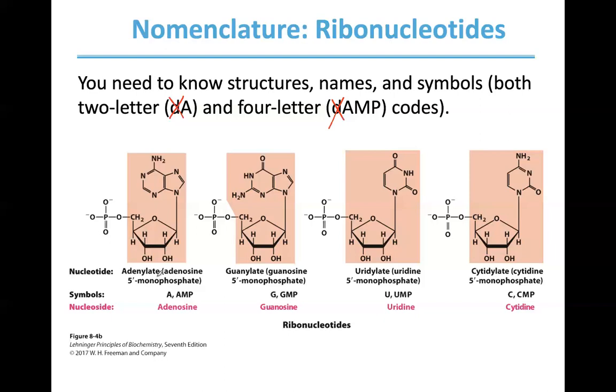All right, adenylate. Now you can see this is not deoxyadenylate, right? And this is adenosine monophosphate. So A and AMP. And the nucleoside is adenosine. G, GMP, guanosine.